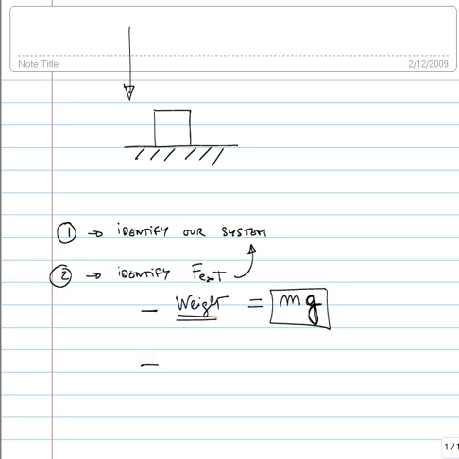Second force is called the normal force. And this force will always be present every time your system, in our case the box, is sitting on another surface. The normal force will be the force coming from that particular surface onto your object.